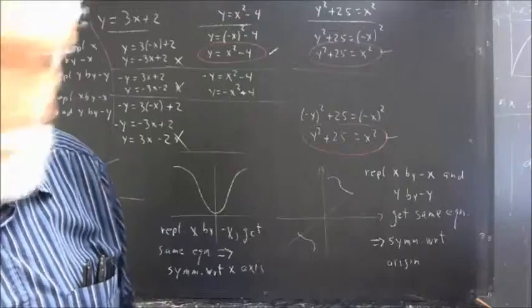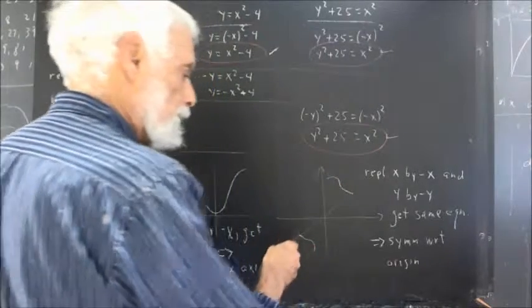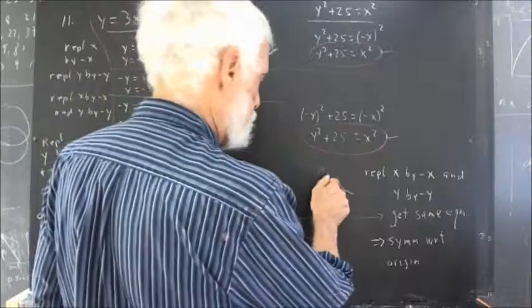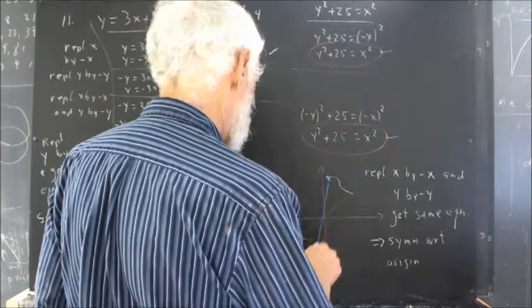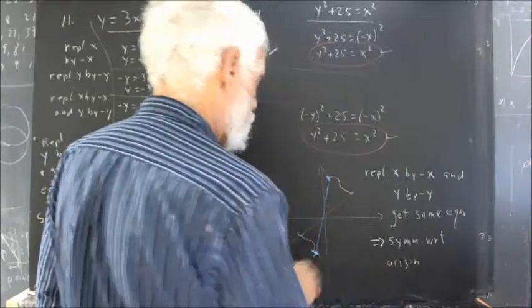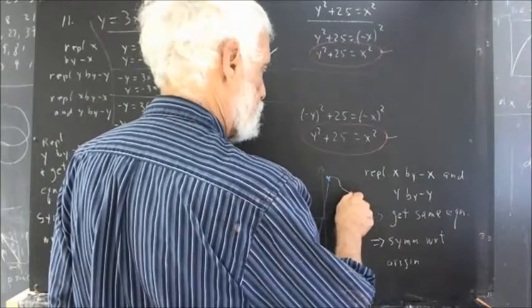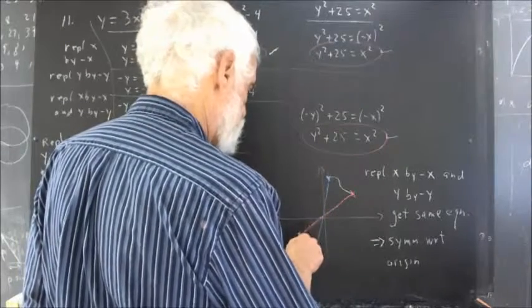That would mean that if you have part of a graph up here, you'll have part of a graph down here. The relationship between these parts is that this point would reflect through the origin to give you this point. This point here would reflect through the origin to give you this point down here.